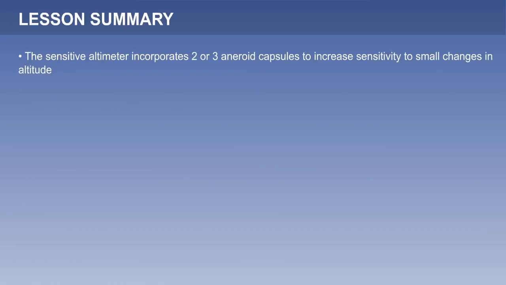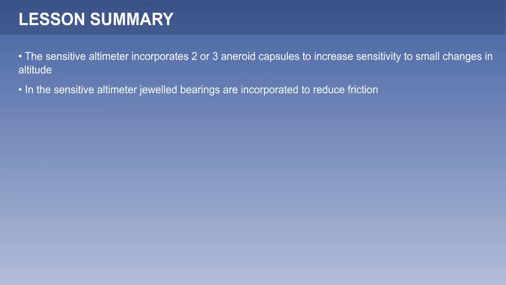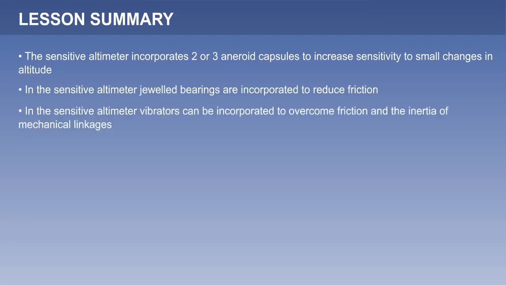The sensitive altimeter incorporates 2 or 3 aneroid capsules to increase sensitivity to small changes in altitude. In the sensitive altimeter, jeweled bearings are incorporated to reduce friction. Vibrators can be incorporated to overcome friction and the inertia of mechanical linkages.